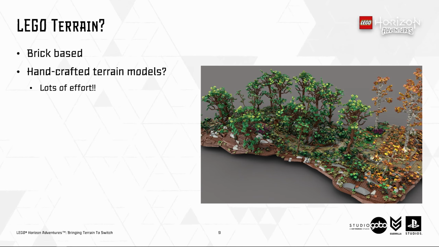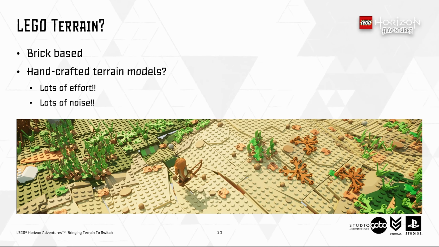Initially, we wanted to use uniquely handcrafted terrain models like this, but this was quickly dismissed because it takes a lot of effort to make, and each model can easily take months to build. It also creates a lot of noise looking from the gameplay camera.